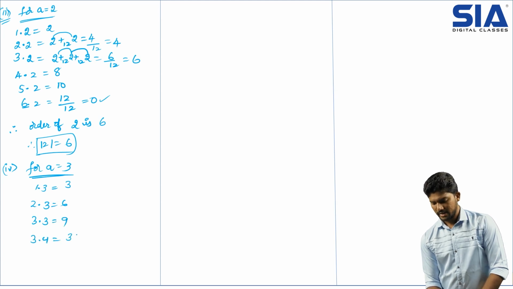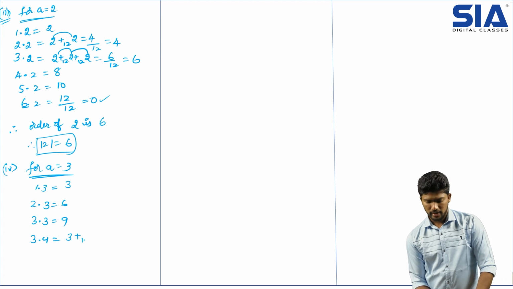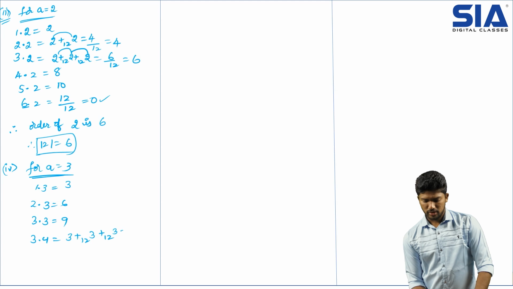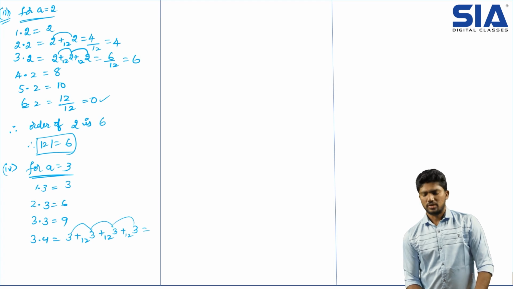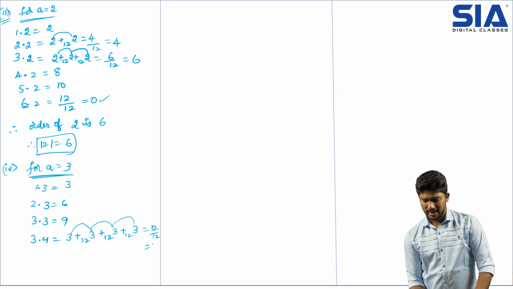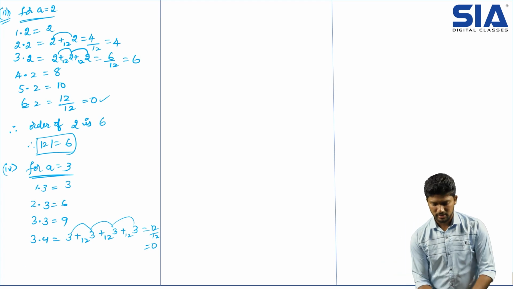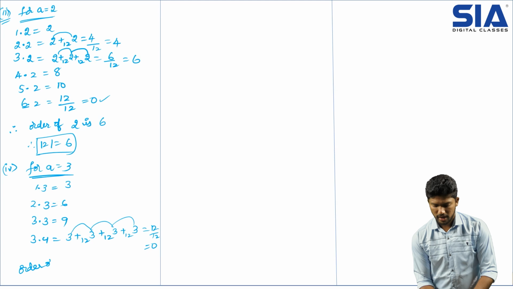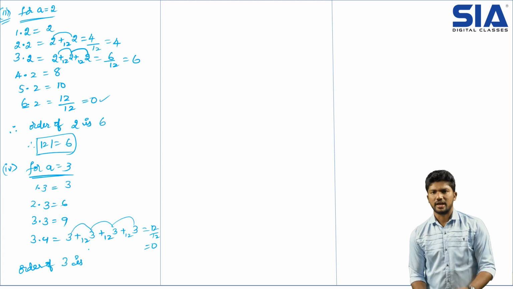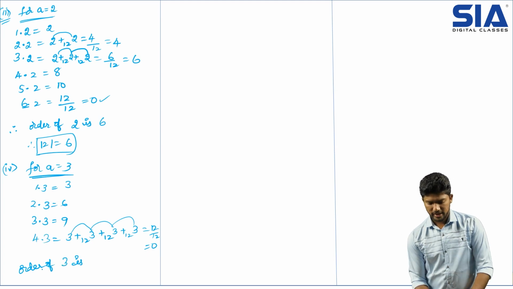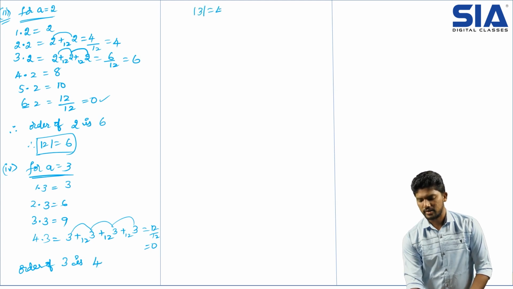For this, I am writing 3 under addition modulo 12: 3 plus 3 is 6, and 3 plus 3 is 9, and 3 plus 3 is 12. 12 by 12, you will get the remainder equal to 0. So after getting the remainder 0, the order of 3 is 4. So mod 3 is equal to 4.